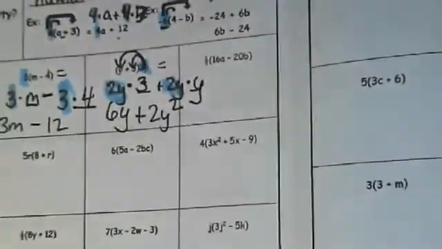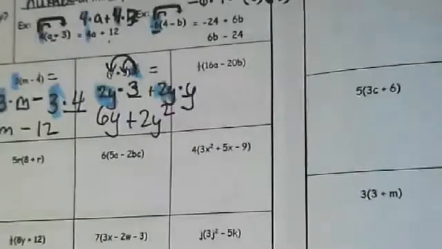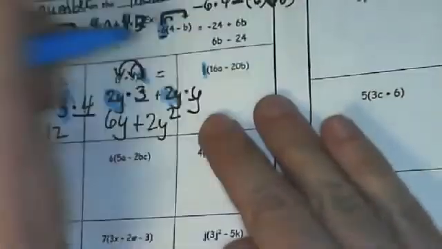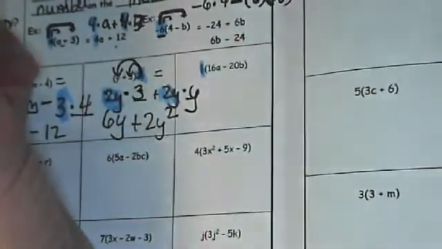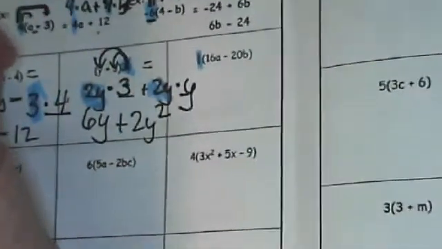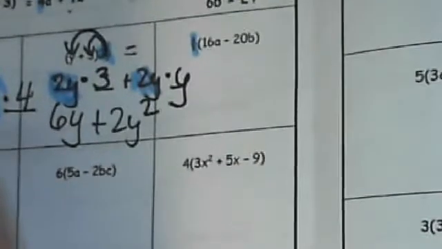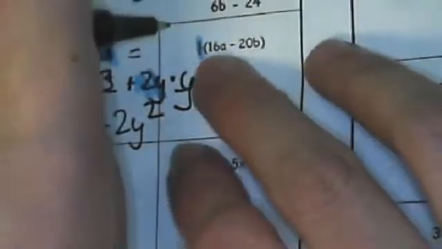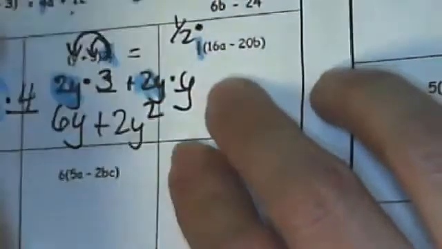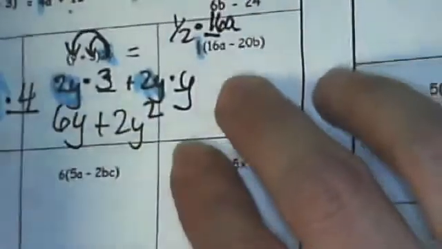And then this one right here, 1/2, is going to be multiplied by whatever is inside. I'm going to squeeze this in because it's small, so I'm going to make it a little bigger. I'm going to multiply 1/2 times 6a, minus, and then 1/2 again times 20b.